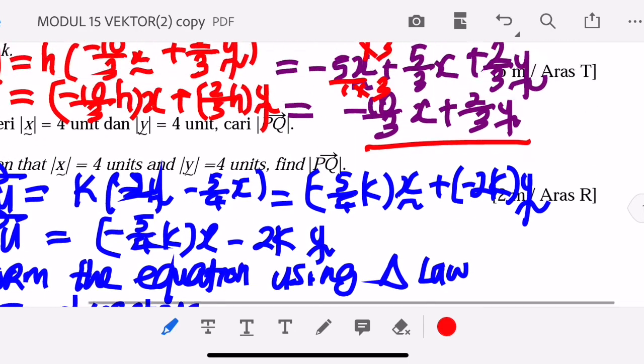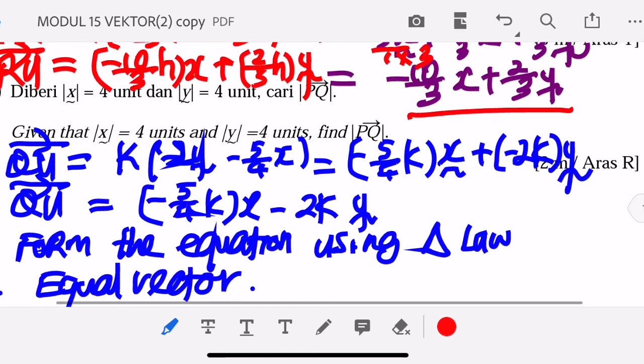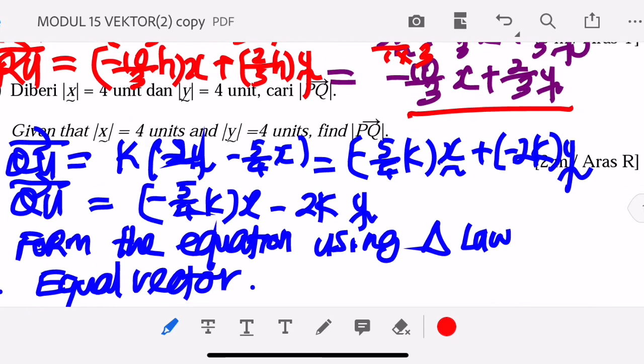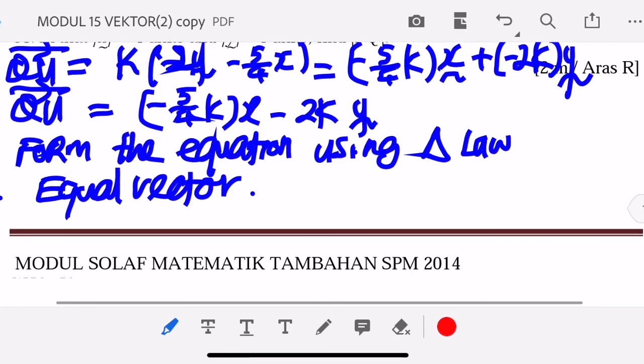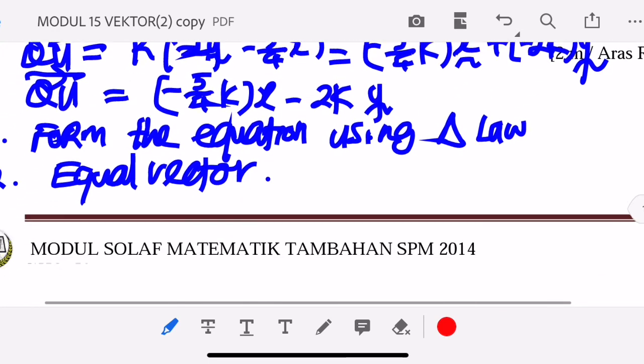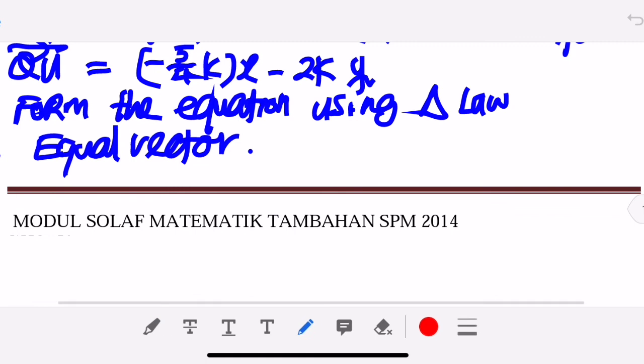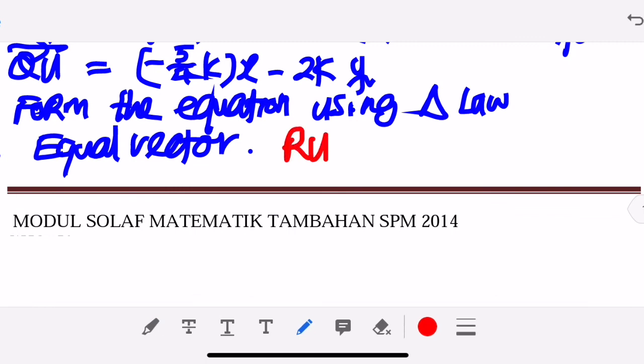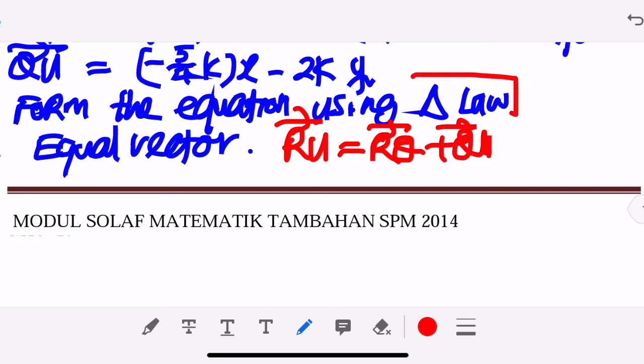So now we will use the two vectors just now, RU and QU. We will substitute the RU and QU into the triangle law so that we can solve it later. So RU is equal to RQ plus QU, right? This is the triangle law.